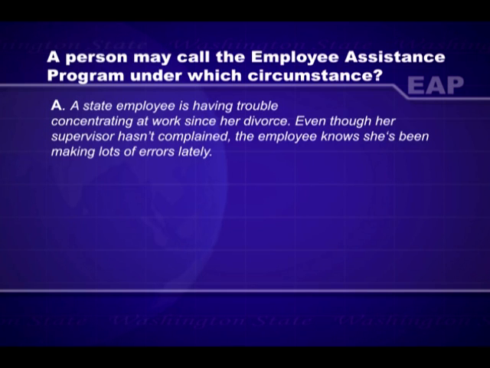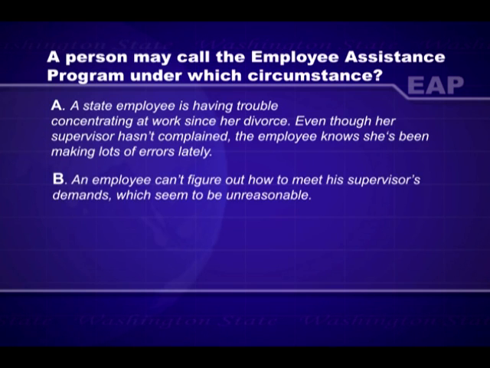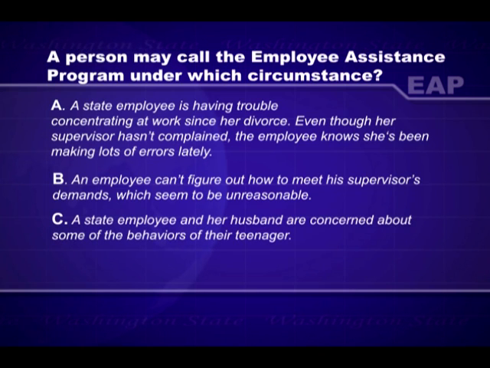Even though her supervisor hasn't complained, the employee knows she's been making a lot of errors lately. B, an employee can't figure out how to meet his supervisor's demands, which seem to be unreasonable. C, a state employee and her husband are concerned about some of the behaviors of their teenager. Or D, all of the above.